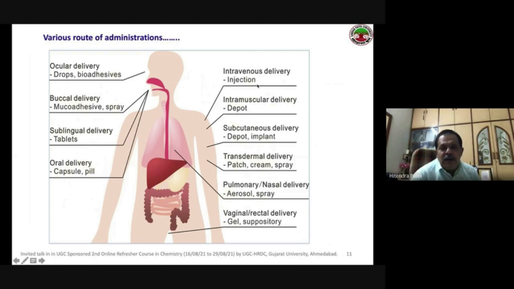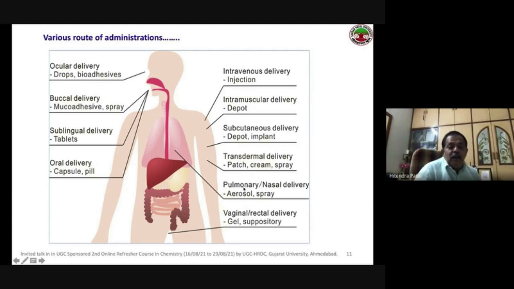Intravenous delivery is through injection, and intramuscular delivery is injected into the muscle. Subcutaneous delivery means a depot with an implant, and transdermal delivery means a patch, cream or spray.